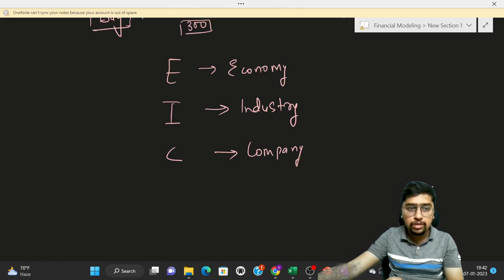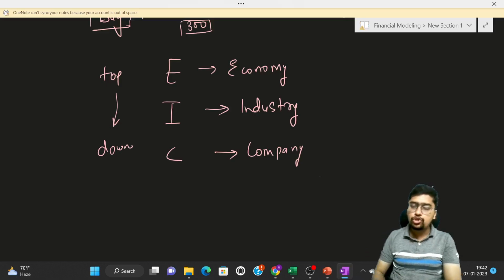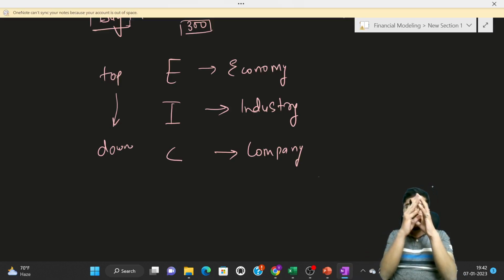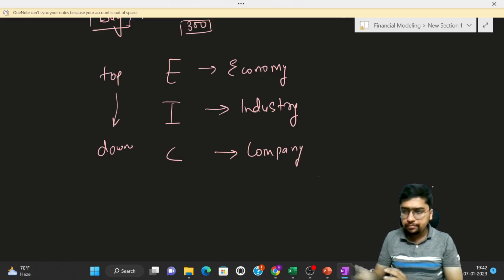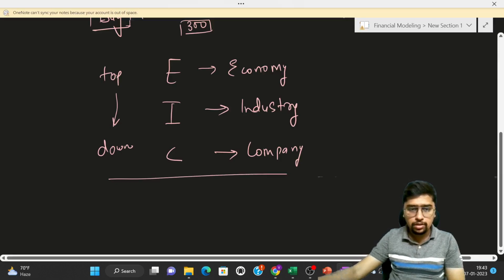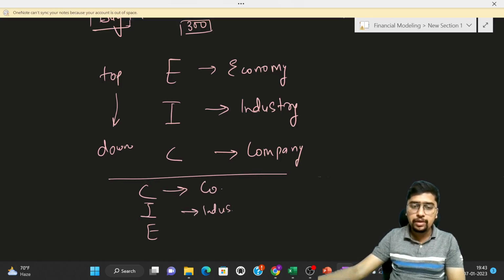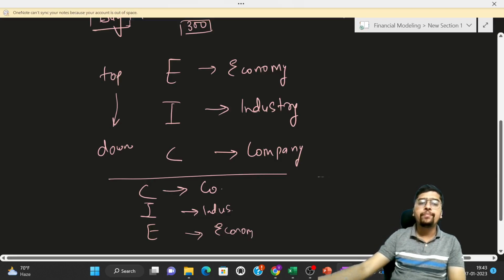So this approach is called the top down approach, where you start from the biggest area and narrow it down to the company. Some people go for a reverse approach. They do CIE, where they start with the company first, then they go to the bigger version of industry, and then they go for the biggest version of economy.